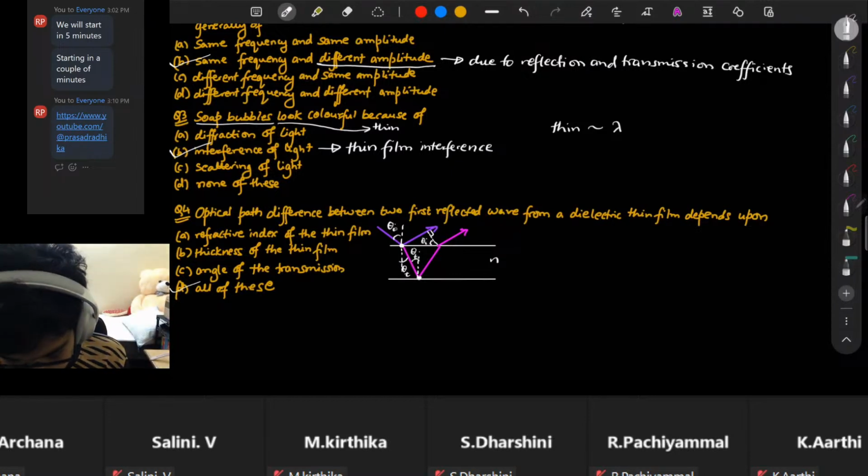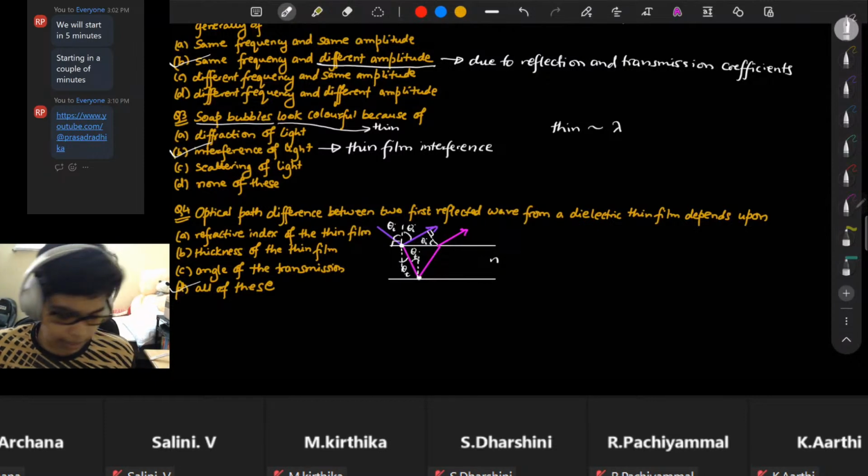Why? Because this angle is theta I, this reflected angle is also theta I. So this angle will also be theta I, and because this is normal, it is at 90 degrees, this is 90 degrees, so this angle will be 90 minus theta I. This was also normal at 90, so that's why this angle is theta I. By simple geometry one can see.